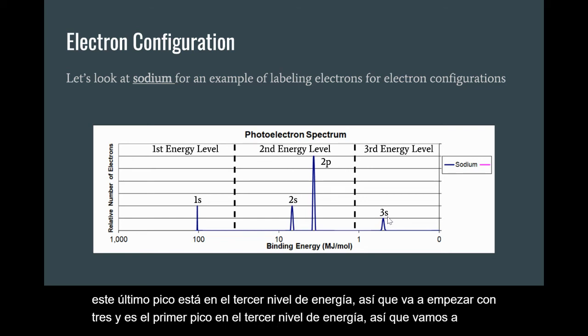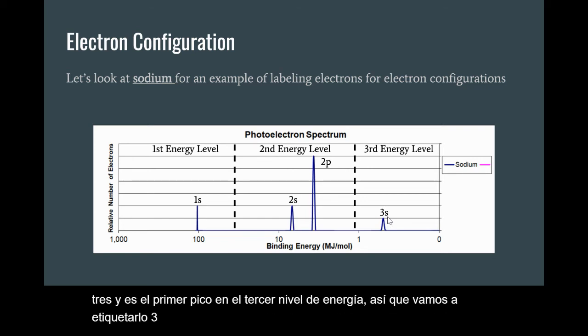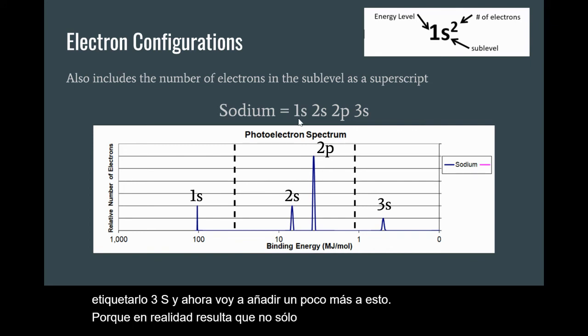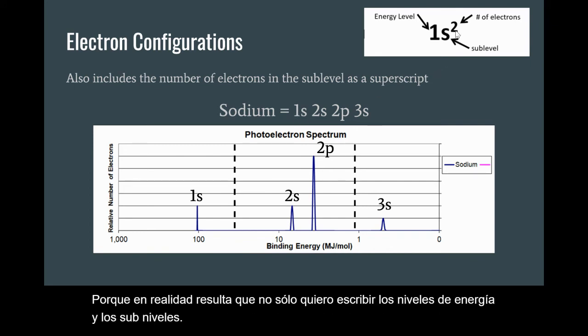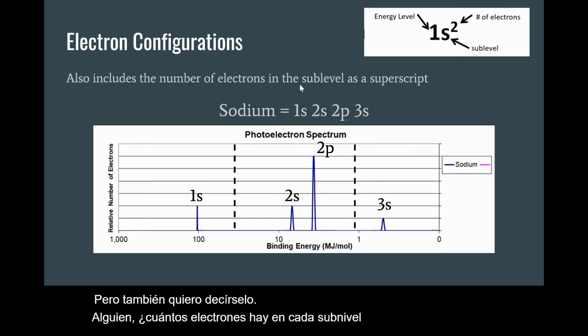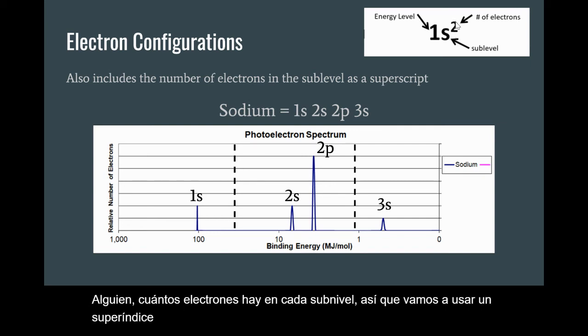And now I'm going to add a little more to this, because it actually turns out that not only do I want to write out the energy levels and the sublevels, but I also want to tell somebody how many electrons are in each sublevel. And so we're going to use a superscript, a number that is slightly above the line.